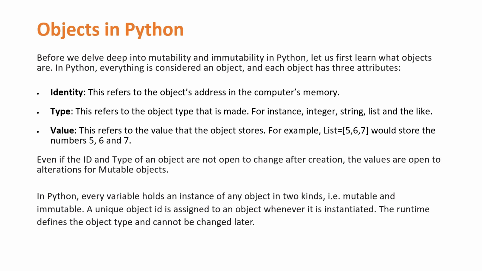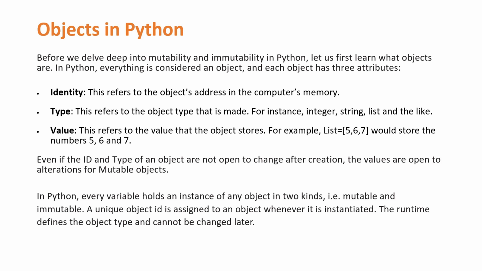In other languages like Java, primitive types are not considered as objects, others are. But here in Python even numbers like integer, floating point, everything is an object.